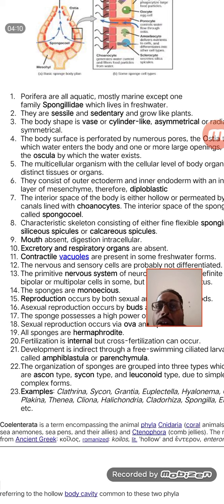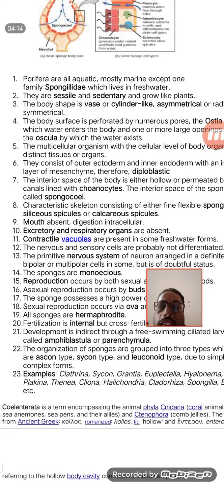Excretory and respiratory organs are absent. Contractile vacuoles are present if they live in fresh water. There is no properly developed nervous system, no eyes, no neurons, nothing. They are monoecious, that means male and female organs are present in the same individual.